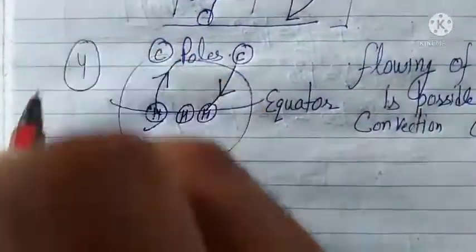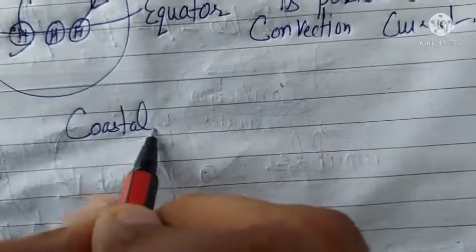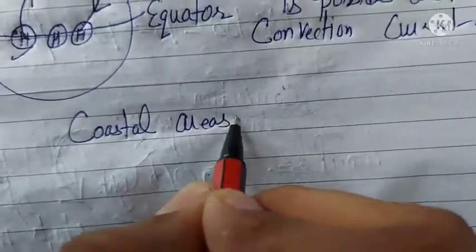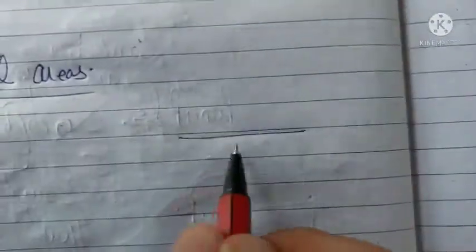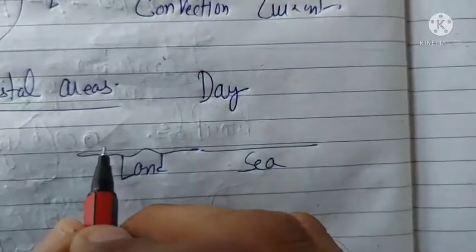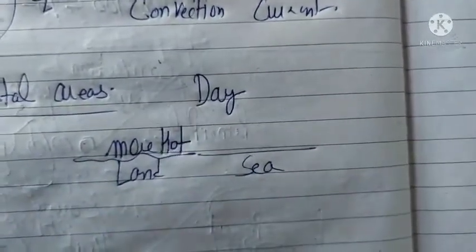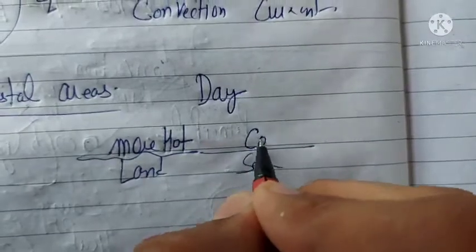Now the fifth example. Suppose we are talking about the coastal areas, the areas which are near the sea. Suppose here is the sea and here is the land. During daytime, the land is hotter as compared to the sea. The sea is cool.